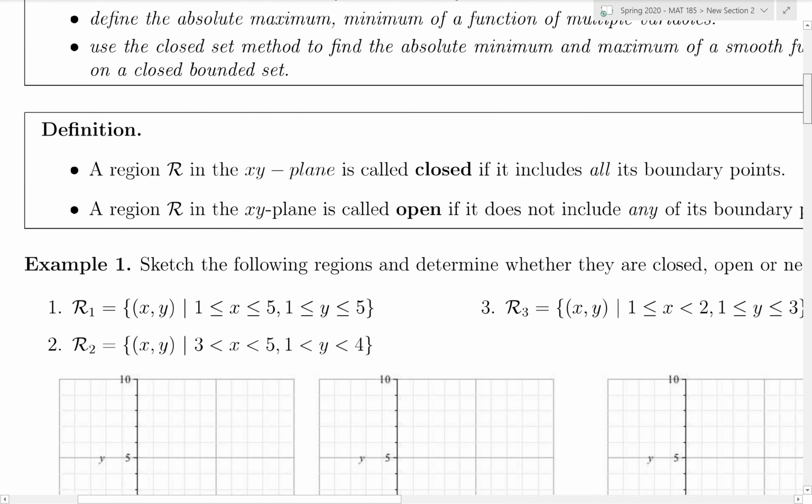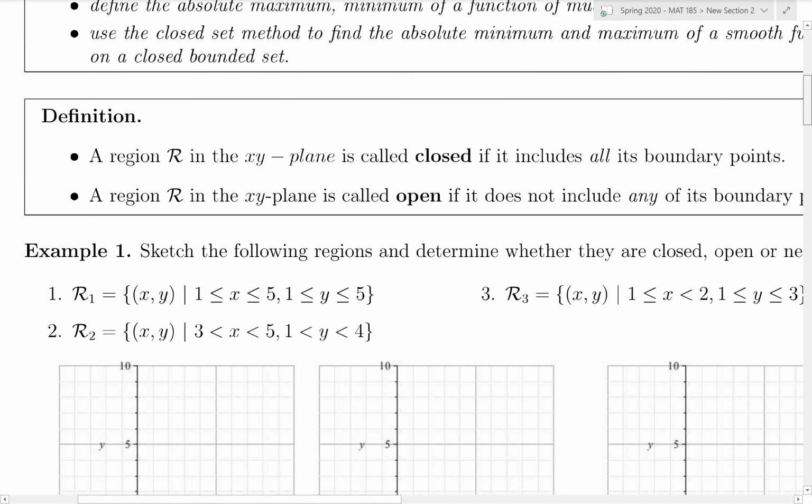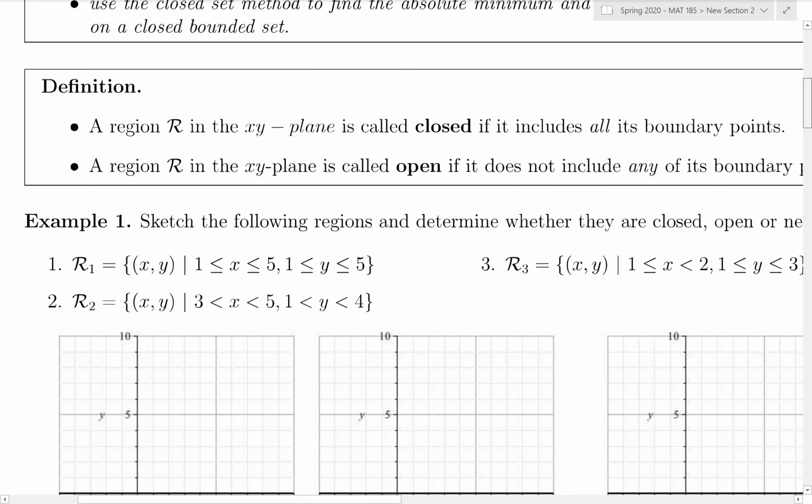There are a few terms that we'd like to define before we start talking about how to find global max and global min of a function of two variables. The first one is, given a region R in the xy plane, we call the region closed if it includes all of its boundary points. This is very important.